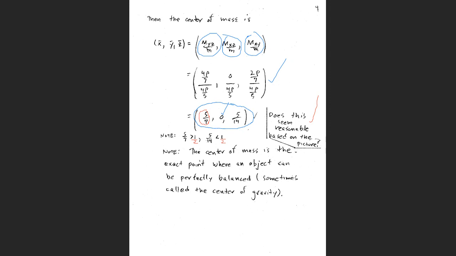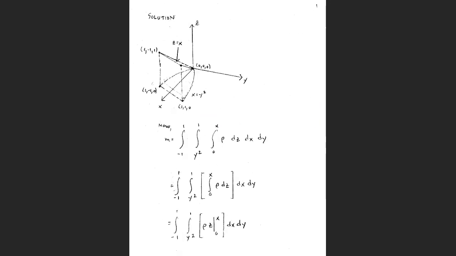Well, let's look at the 5/7. So x bar equals 5/7. If I go back to my picture, x bar is how the object balances in the x direction.